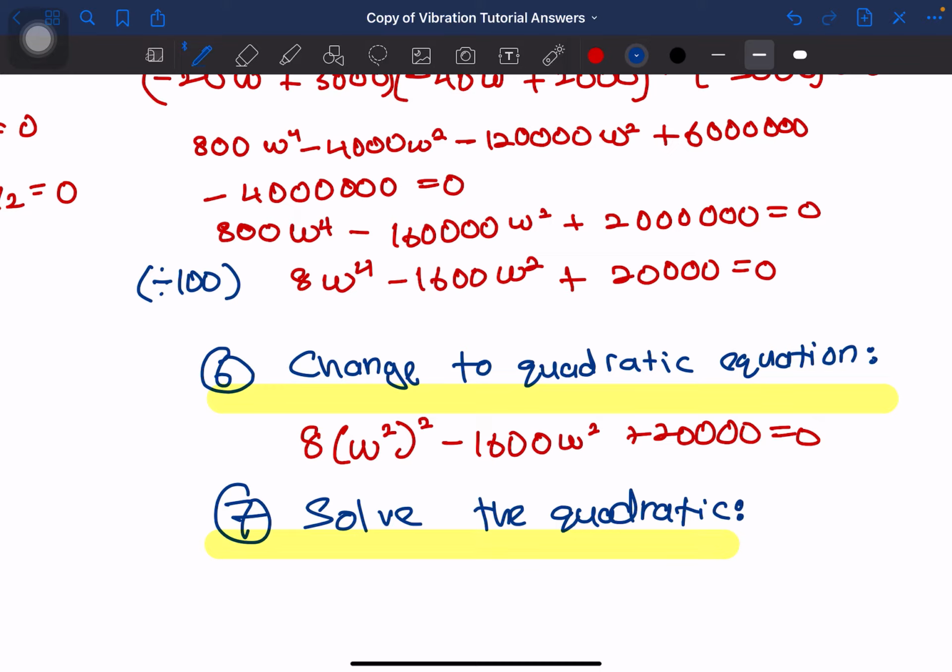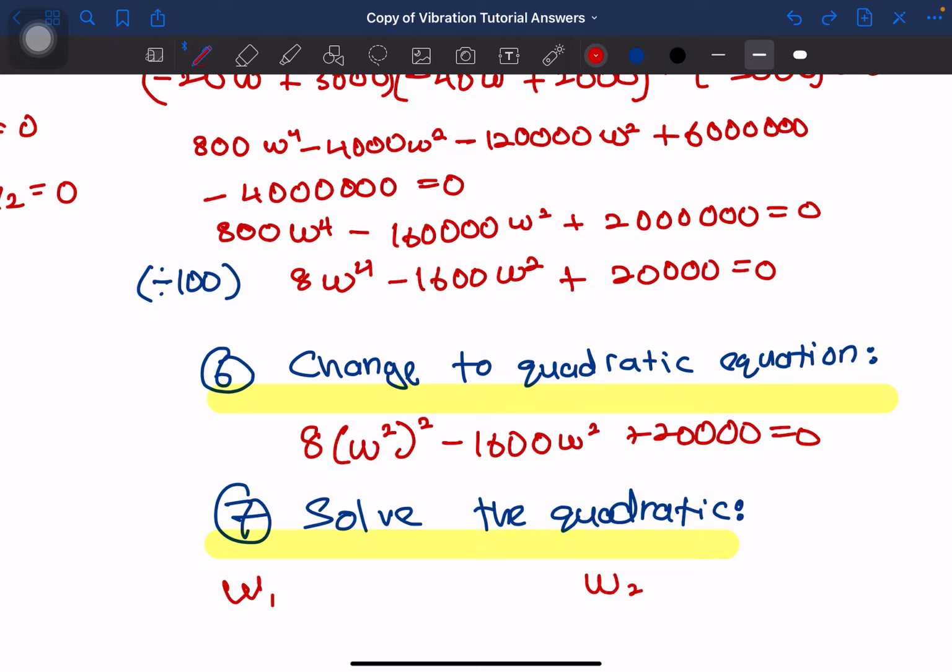If you calculate using your calculator, A equals 8, B equals negative 1600, and C equals 20,000, you get your x and your y. That is actually your omega 1 and omega 2. But remember, we are solving this in terms of omega square now.